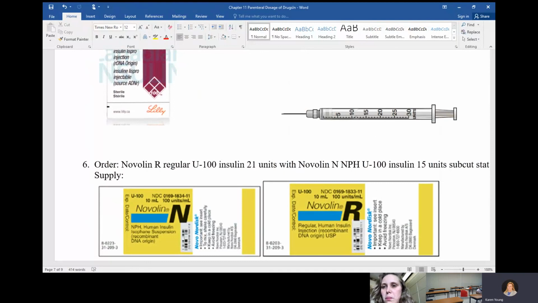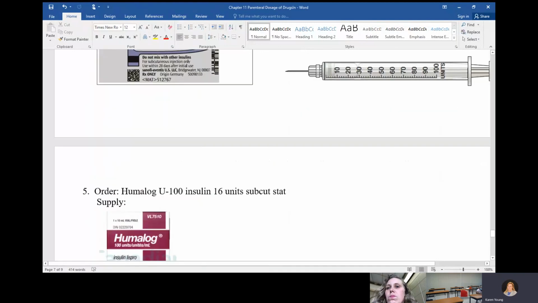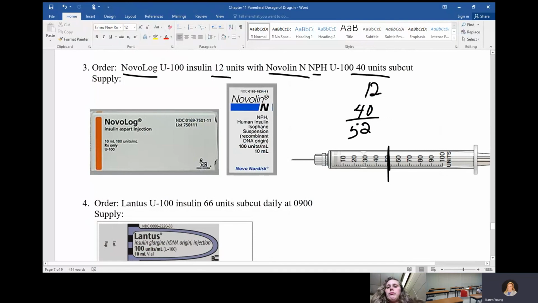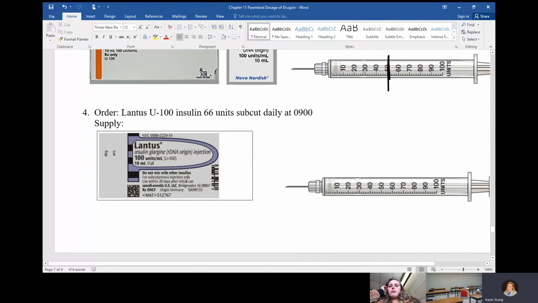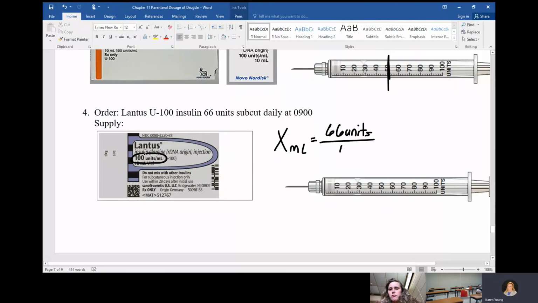And in this case, because it's 2 different ones, let me go back up to this other one. Let's do the 66 units. If I had to calculate this in milliliters, I would still do the 66 units over 1. And then since it's a U100, it's 100 units per milliliter.